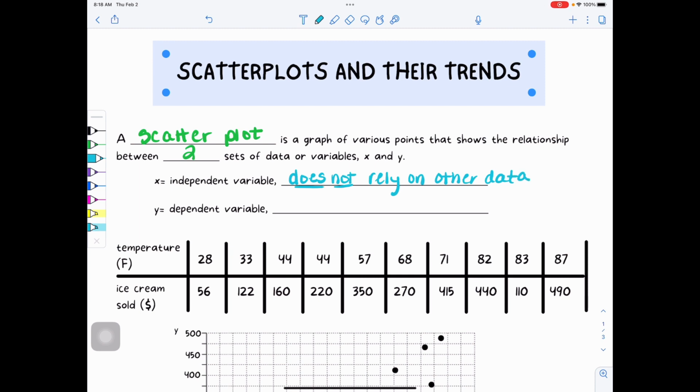If you are a dependent variable, that means you do depend, like right in the word, you depend on something else. So we're going to say that this relies on the independent variable.